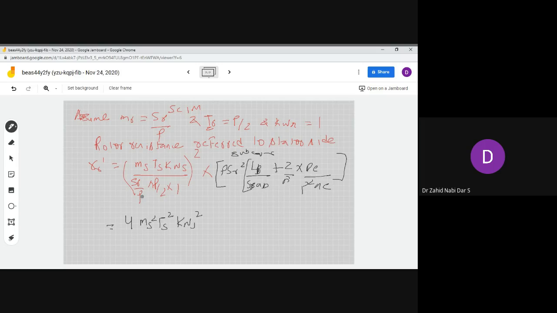So one p and one p get cancelled, because this is sr by p, and here also while you are substituting, p and p will get cancelled. No problem over there. So 4 will come up.